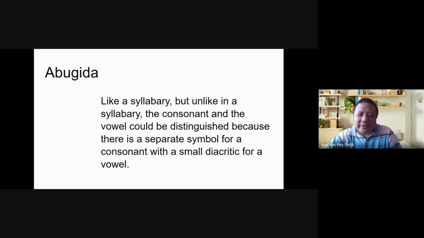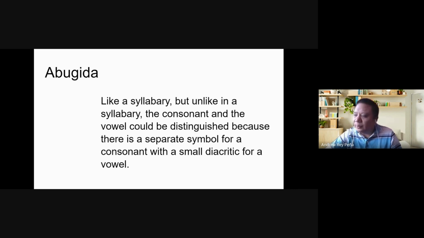So what's an abugida? Like a syllabary, but unlike in a syllabary, the consonant and the vowel could be distinguished because there is a separate symbol for a consonant with a small diacritic for a vowel.